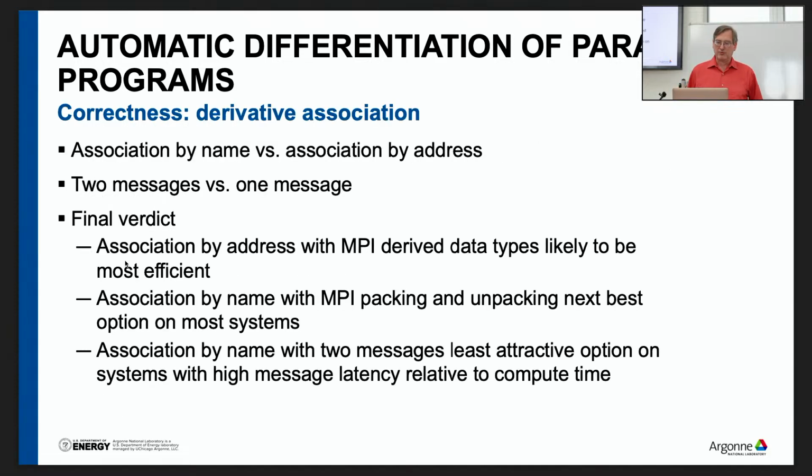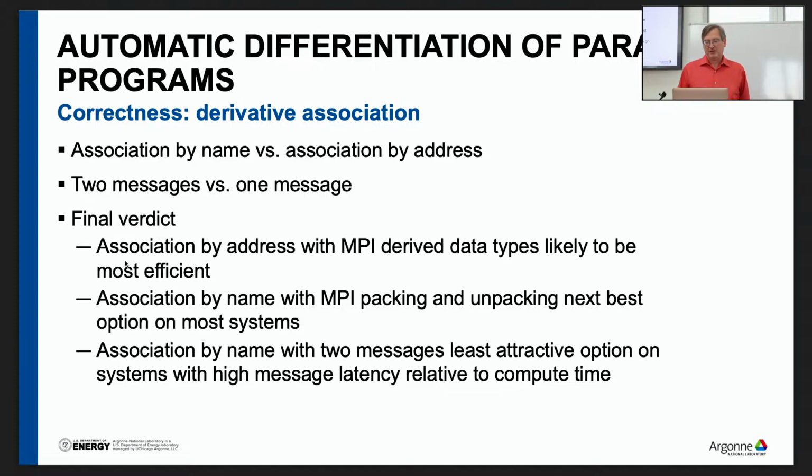Okay, so correctness. At the time, there was a lot of discussion about whether you want to associate derivatives with a variable by name, have two different variables that are somehow mapped to one another by name, or to do association by address, either by having a mapping from the address of a variable or bundling the variable and its derivative together in a single data structure.